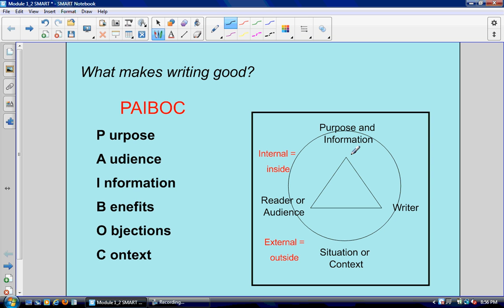That last video ended with this image here, which gives you a visual representation of the relationships between all of this. Of course, in business writing, as is true in much writing, but business writing in particular is really focused on the purpose and information.